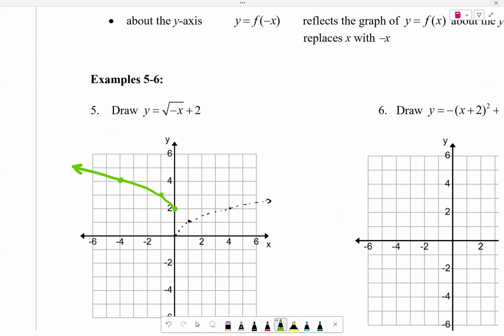There we go. What's the domain of this function? Check with your neighbor. What's the domain? Okay, so the domain starts at -infinity and goes all the way to 0, including 0.